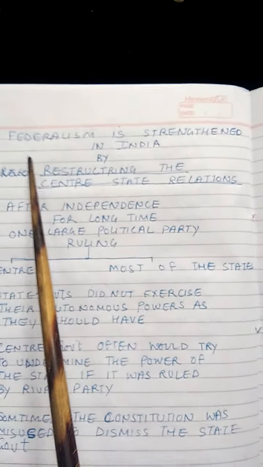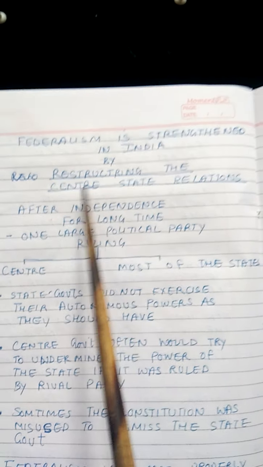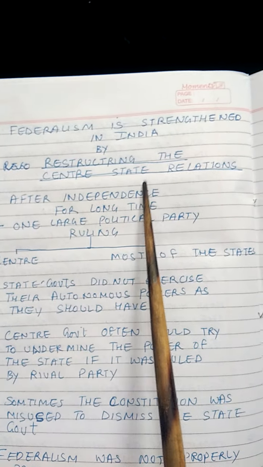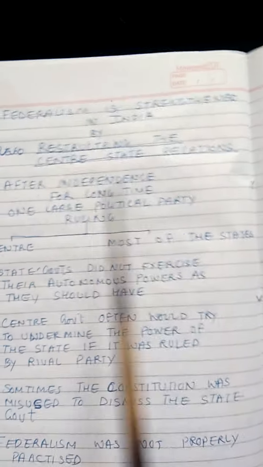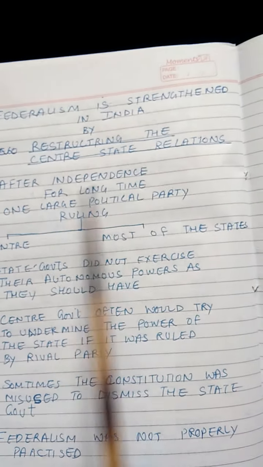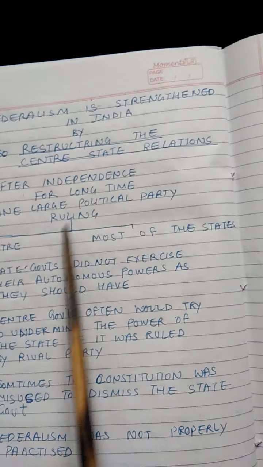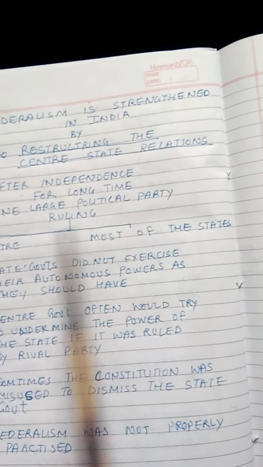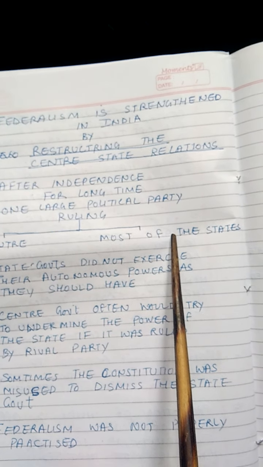Now, another very important thing, federalism is strengthened in India by restructuring the center-state relation. Children, after independence, for a long time, one large political party was ruling the center as well as most of the states. So there was only one political party which was very powerful. It was ruling the center and it was ruling most of the states.